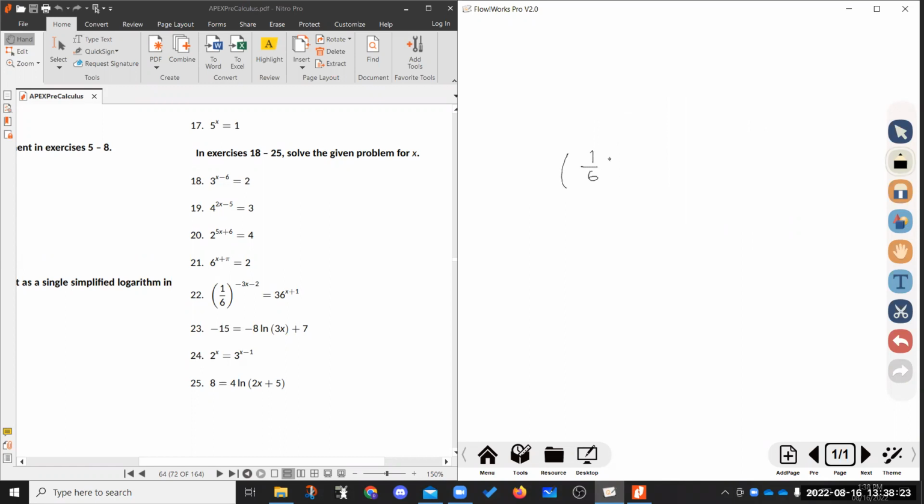Now we have 1/6 to the negative 3x minus 2 is equal to 36 to the x plus 1. I'm going to write them with a common base of 6. 6 to the negative first to the negative 3x minus 2 is equal to 6 to the second to the x plus 1. I'm going to multiply the exponents here.